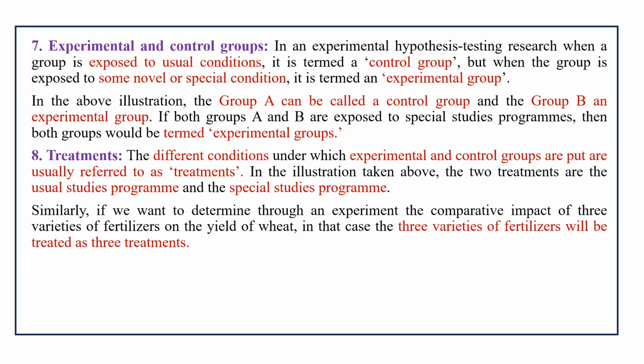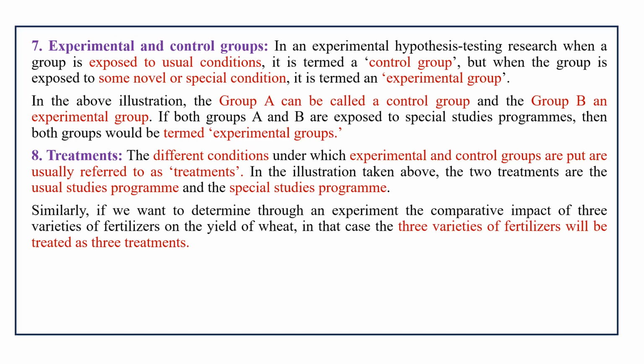In the previous example, the 50 students were divided into A and B, group A was given the usual statistical program of studies, and group B was given the special one. So here group B is the experimental group and group A is the control group. In every study we need to consider these groups, because without comparing between control and test, you cannot come to any conclusion.